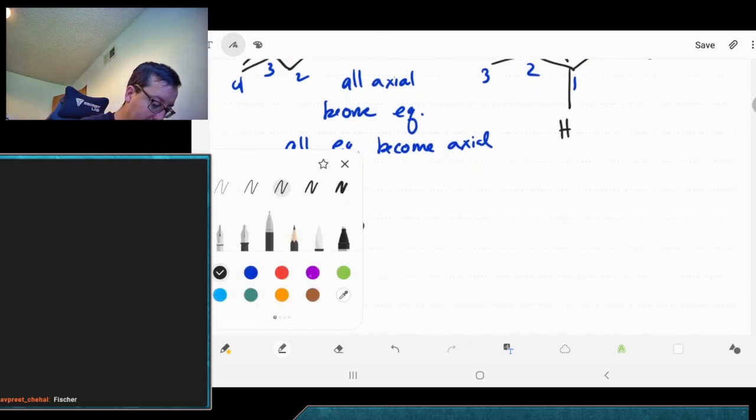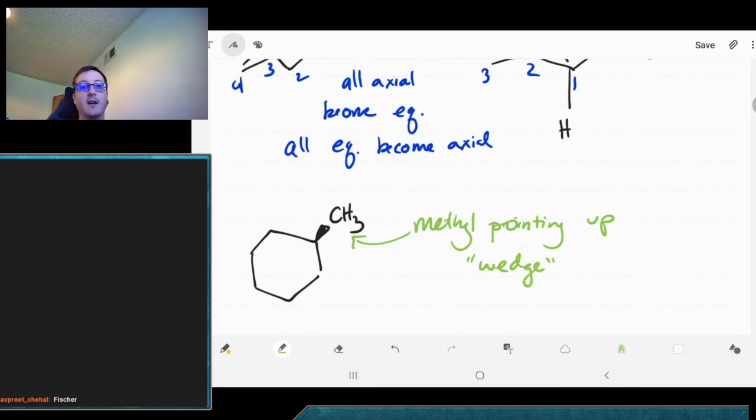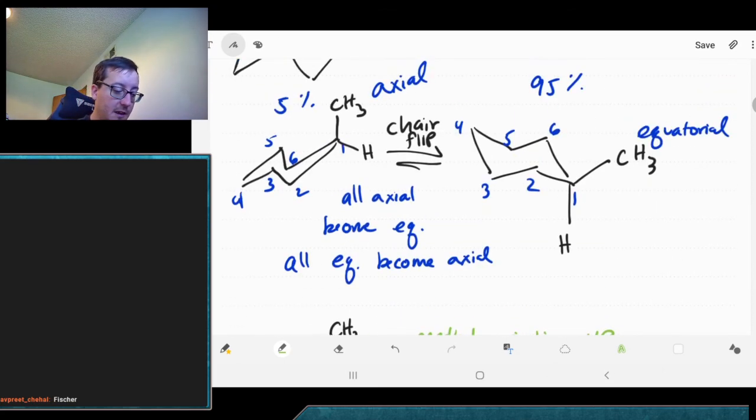Notice that in both cases our methyl is pointing up. It's a wedge. Remember, wedges are pointing up, kind of. So notice in both chairs our methyl group is pointing up. So if you see things that are on dashes, things would be pointing down.